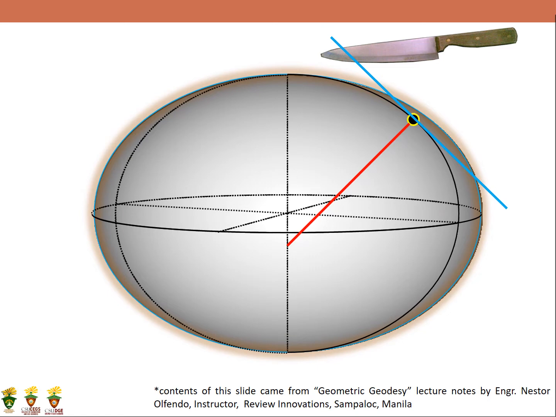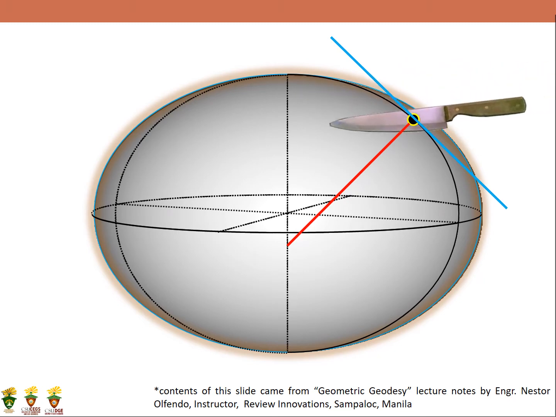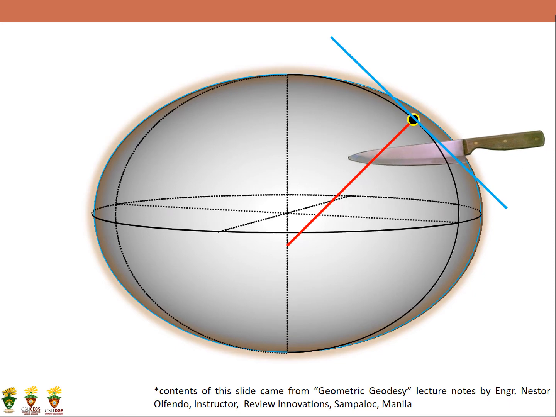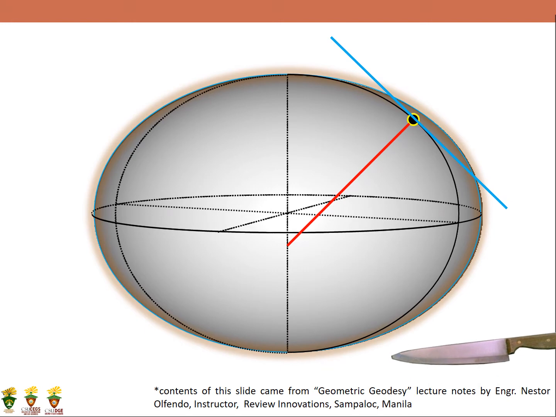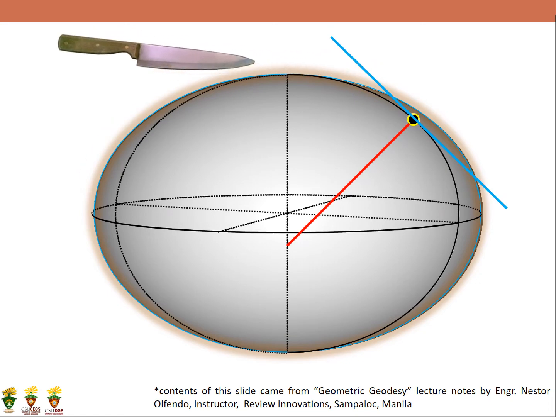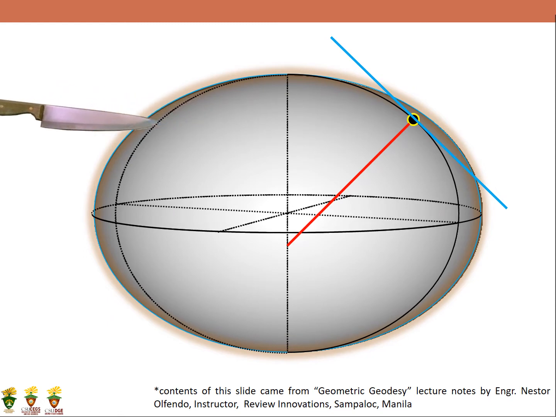So let us visualize what the meridional section is. We slice the earth, which is three-dimensional, at that specific meridian where you are standing. Then after slicing, we turn it to the other face.